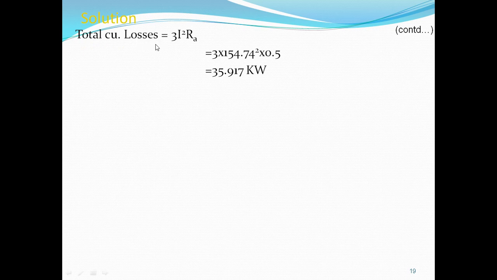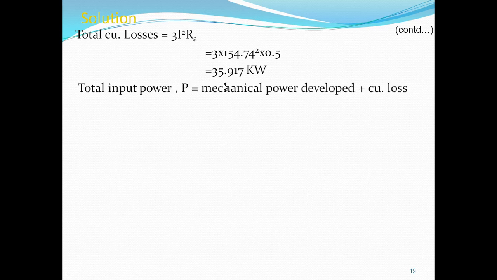Copper losses is equal to 3 Ia square Ra. Ia value we have is 154.74 and armature resistance is 0.5. If you multiply this, we will get 35.917 kilowatts.